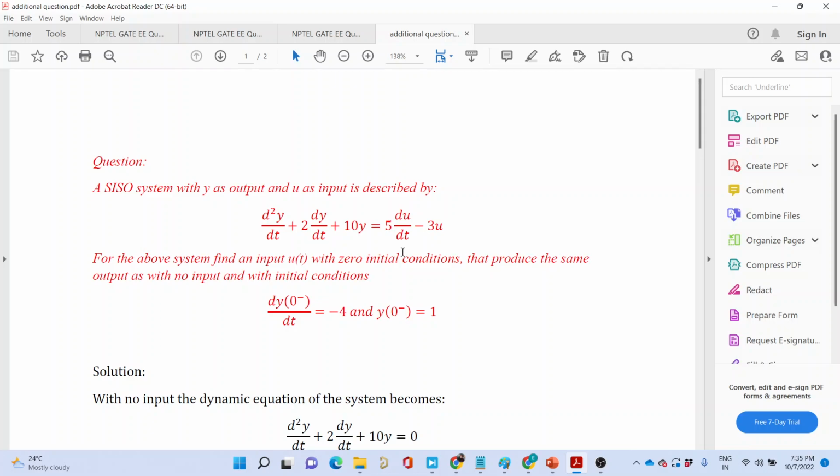Transfer function is defined when initial conditions are zero. But we are not defining it. We are not finding the transfer function at all. We are finding the response y.